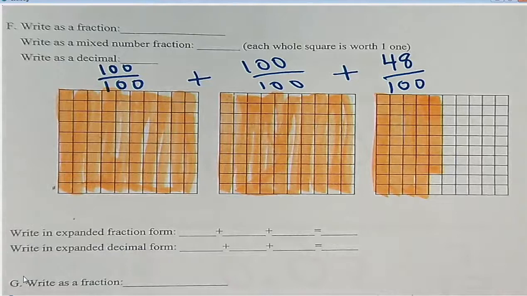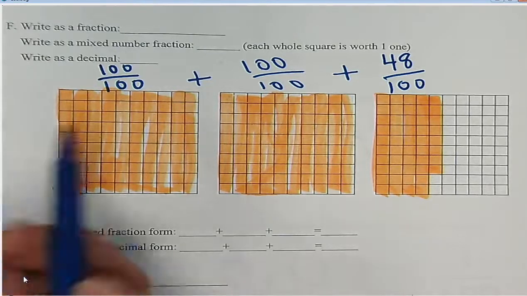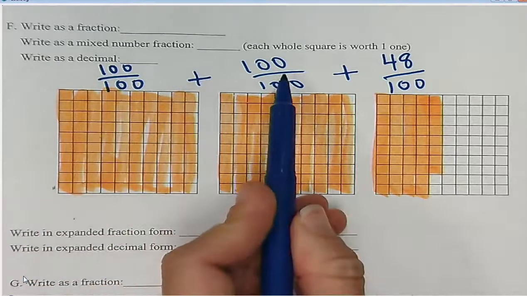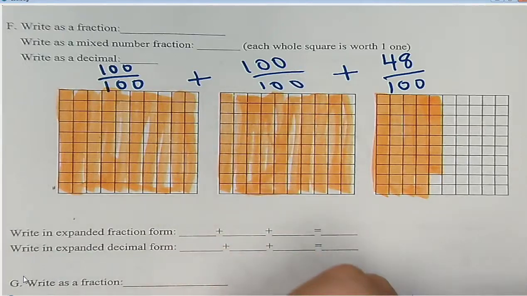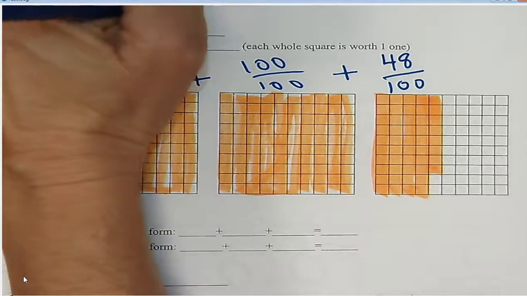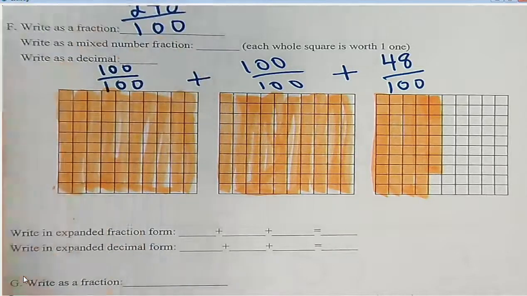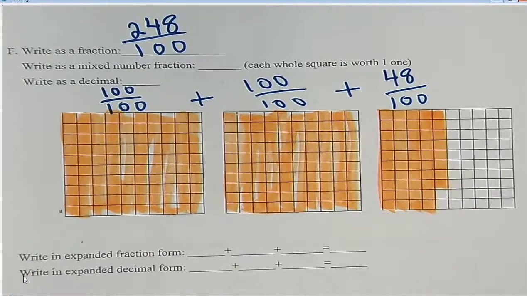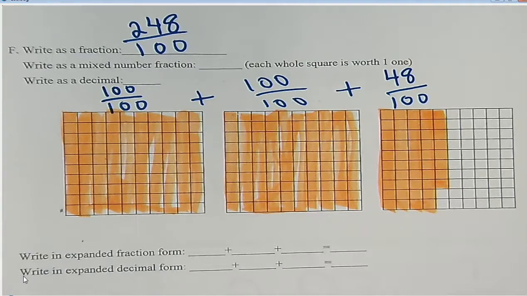So if we think of it as a fraction, there's 100, 200, 248. What's the unit? These are hundredths. So I could think of this as 248 hundredths. As a mixed number, we want it to show that each whole square is worth 1 whole.